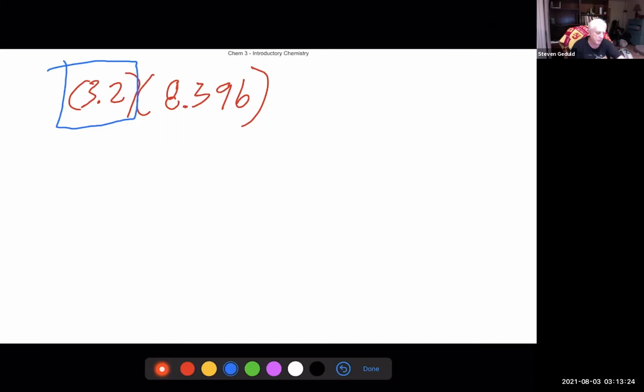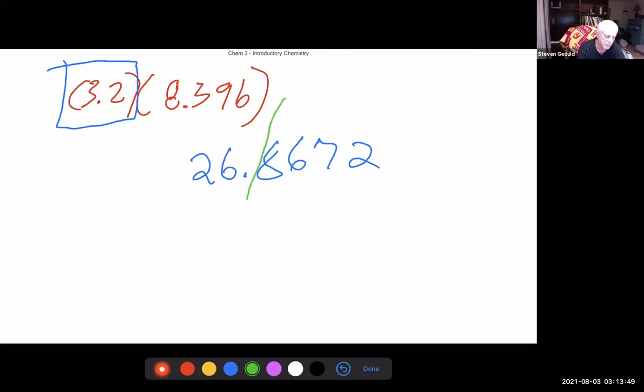So if we have 3.2 times 8.396, that gives you the answer on the calculator of 26.8672. And we're going to do 2 significant digits. So we round this number off to this point right there.